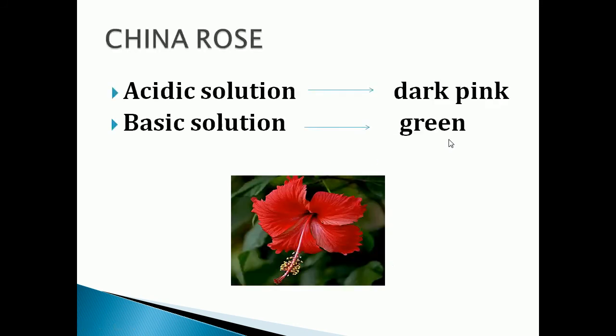In neutral solution, China rose indicator shows no color change. So in acidic solution, it changes to dark pink or magenta; in basic solution, it turns green; in neutral solution, no color change.